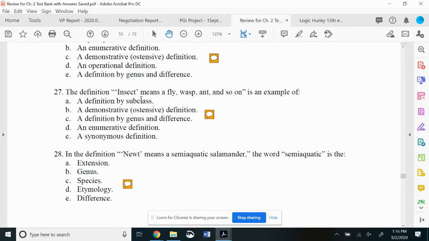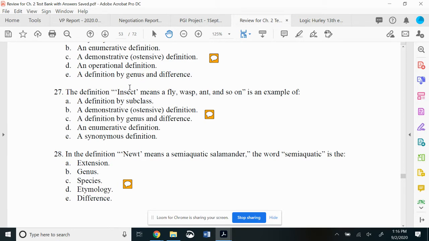Definition by subclass. It means I'm going to define this, and in this section 2.4, there's at least 7 different ways for me to define this. I'm going to define what an insect means by giving you an example of an insect, by giving you a subclass. For example, an insect is like something like a fly, a wasp, an ant, or a beetle. I can go on and on and on. When I do that, I'm giving you a subclass, helping you understand what an insect is.